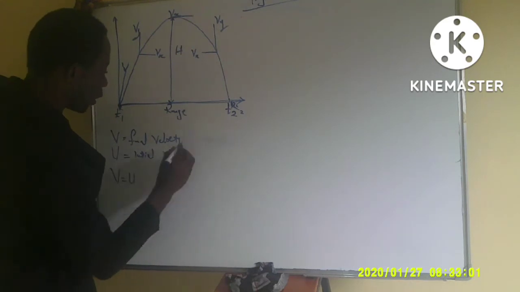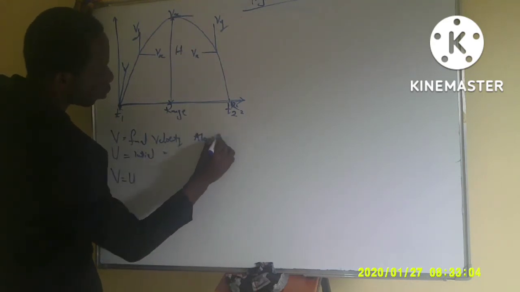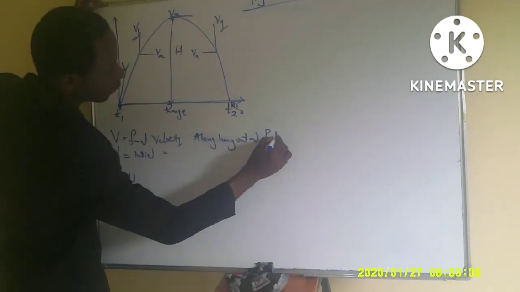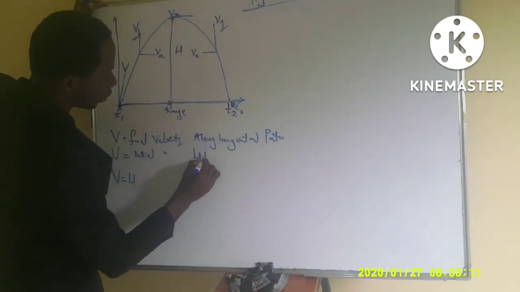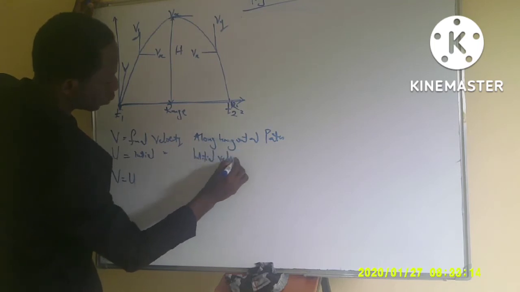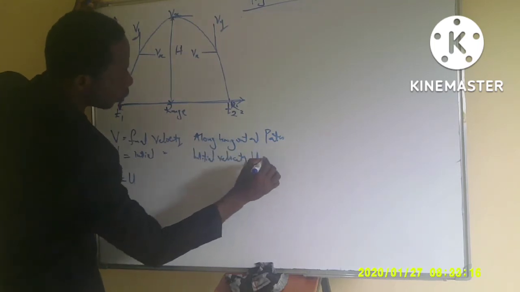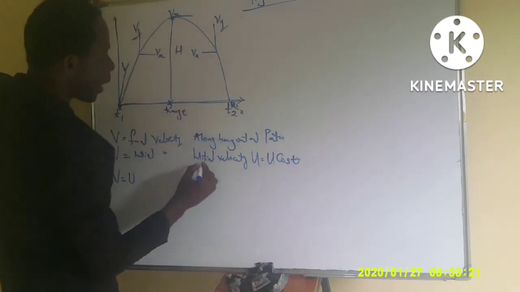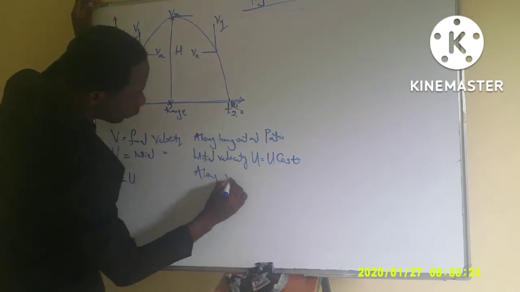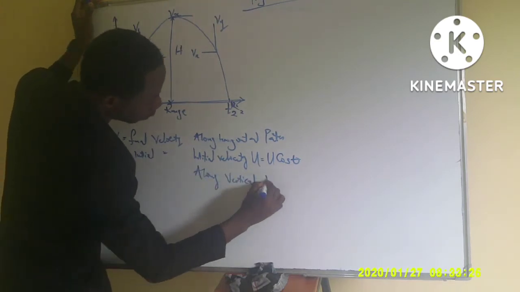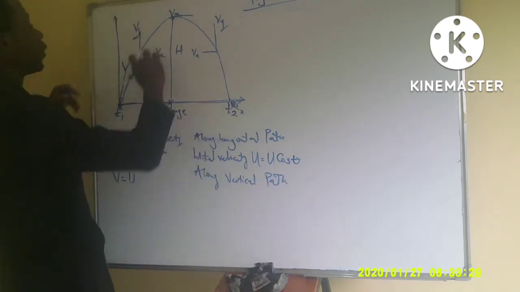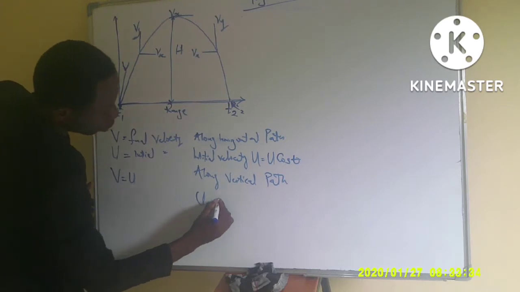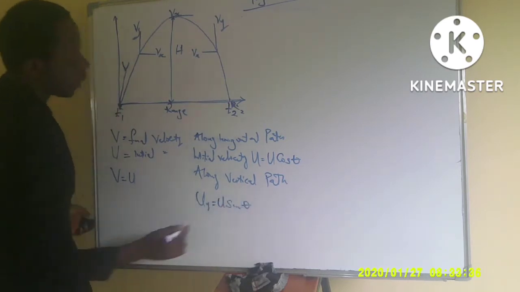Let me put it this way. Along the horizontal part, initial velocity ux is equal to u cos theta, while along the vertical part, when it's moving upward, initial velocity uy is equal to u sine theta.